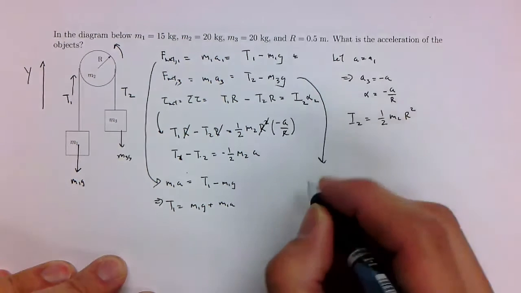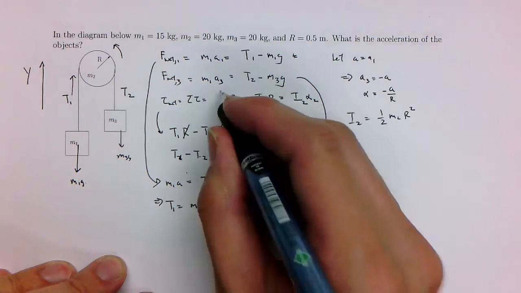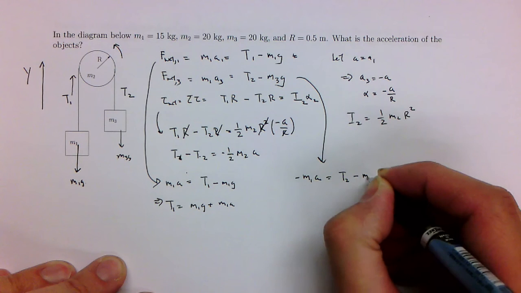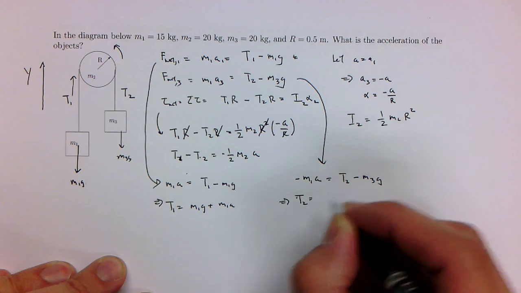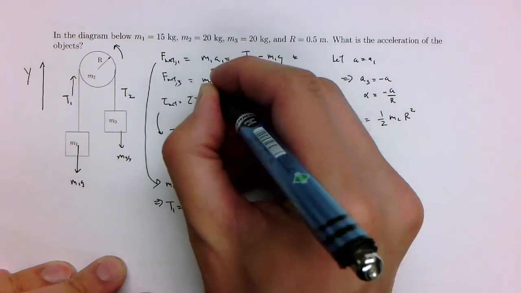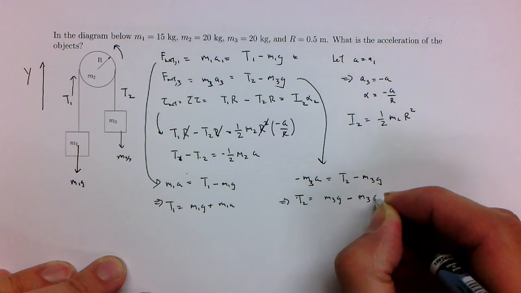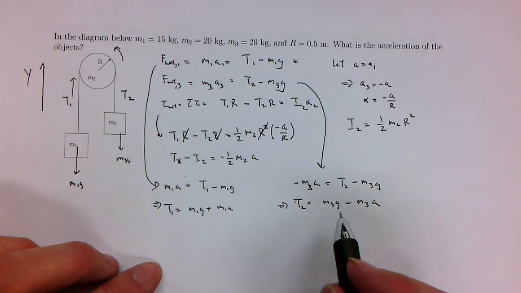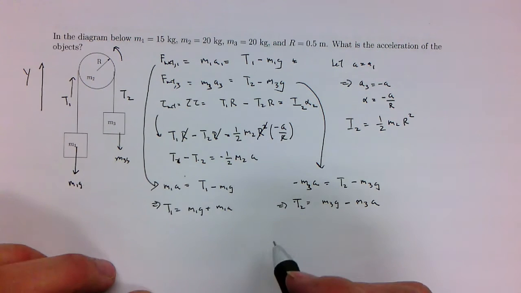The other equation is M3 times A3, which is minus A, so it's a minus sign, equal to T2 minus M3g. That means that T2 is equal to M3g, whoops, this should be 3, M3g minus M3A. So they look almost the same, except that there's a difference in sign. That difference in sign comes from the fact that one is going to accelerate downward and one accelerates upward, and that accounts for it.